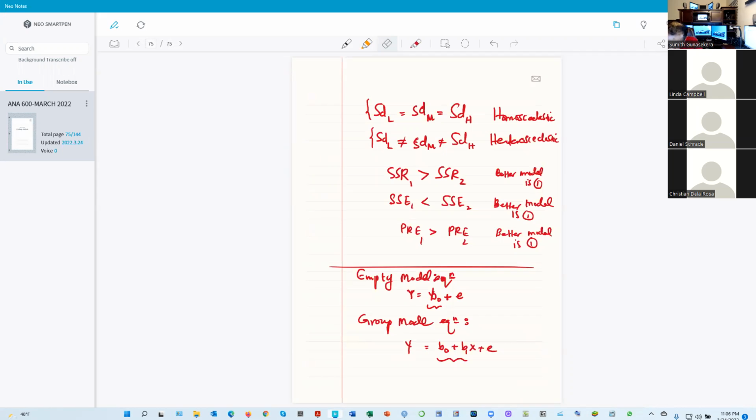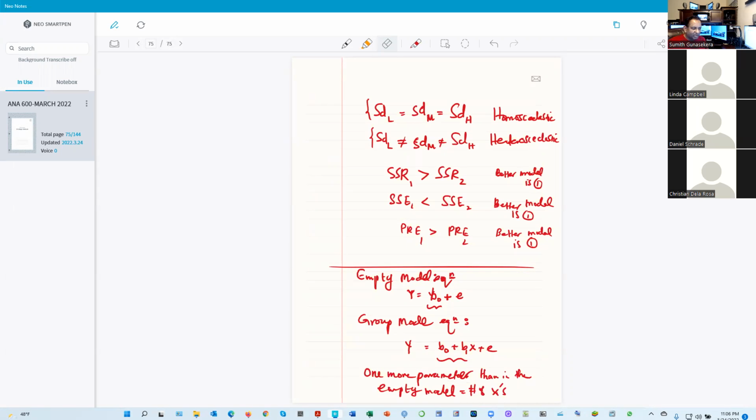One more parameter than in the empty model, same as the number of x variables.